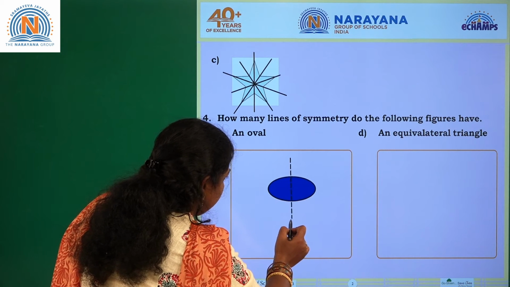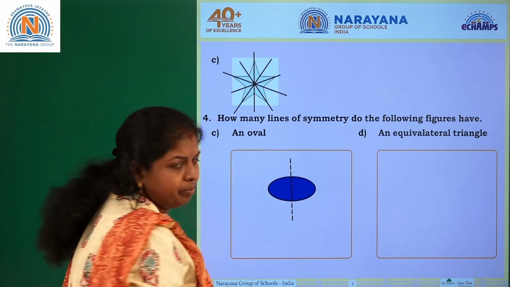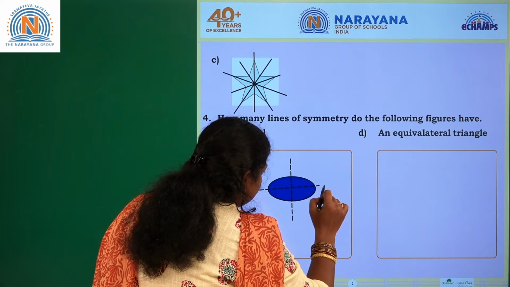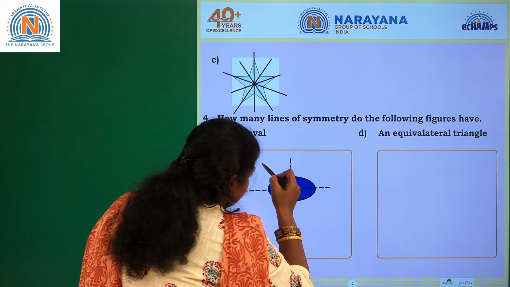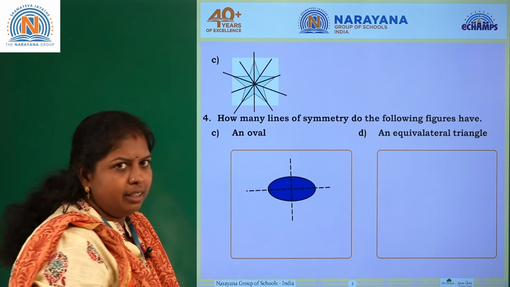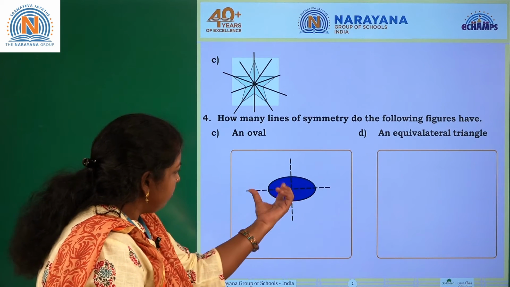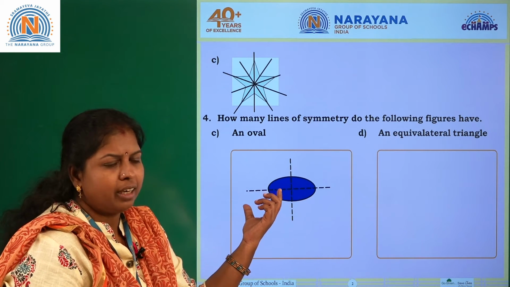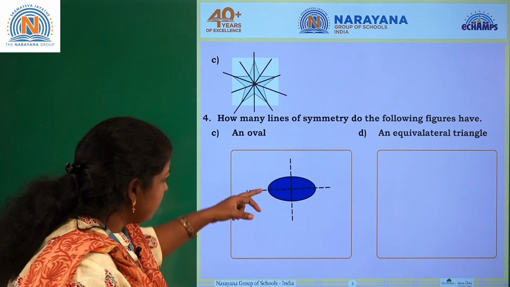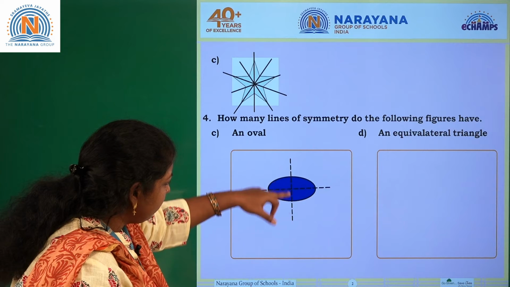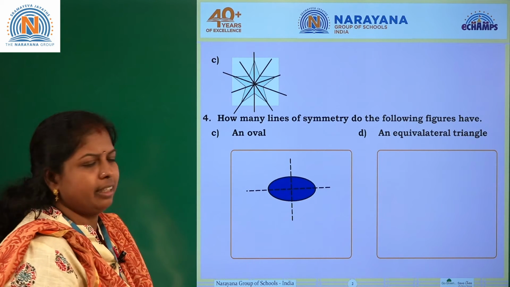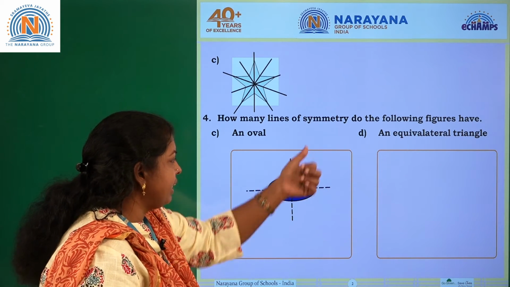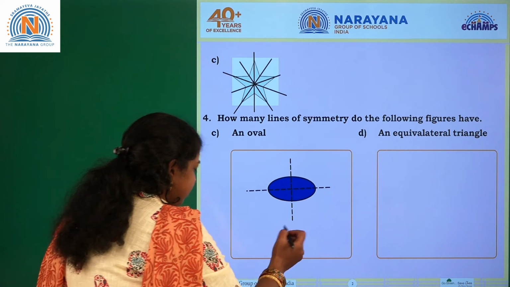This is a line of symmetry for this oval, right? And one more line of symmetry I can take horizontally. But can I take a diagonal line of symmetry? No, because both sides of the diagonal line won't look the same. So I cannot consider that line. I can consider only two lines: one vertical line and one horizontal line. So an oval has how many lines of symmetry? Two lines of symmetry.